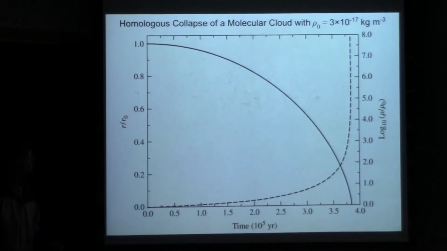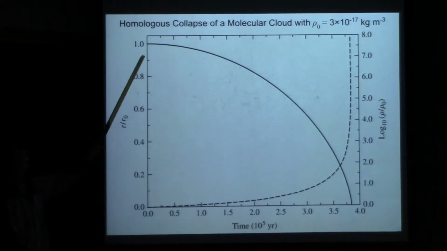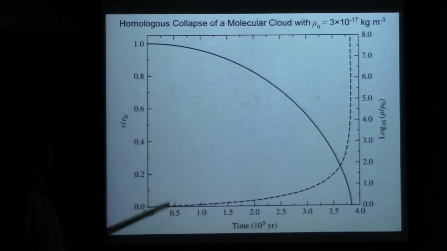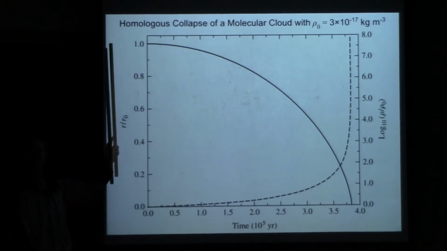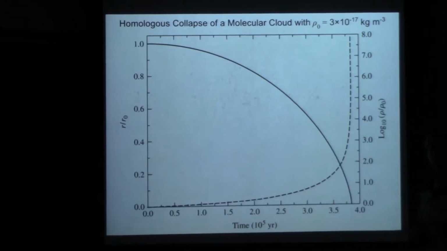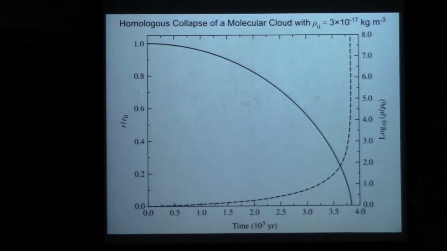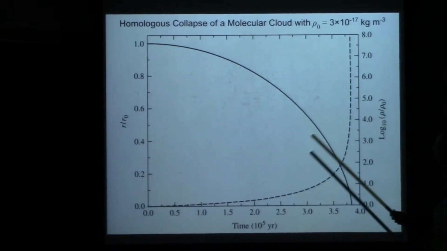So notice, this is r over r naught. At time 0, the radius is the initial radius. You could do this for the surface of the cloud, but for every layer within the cloud, the plot looks exactly the same.